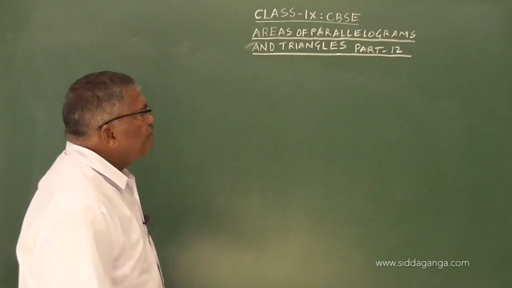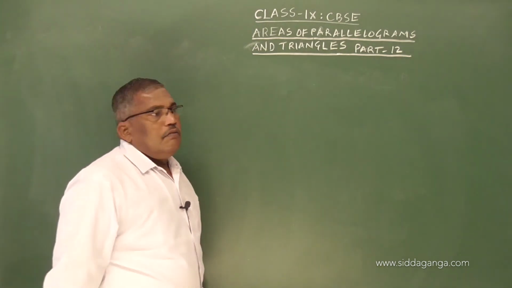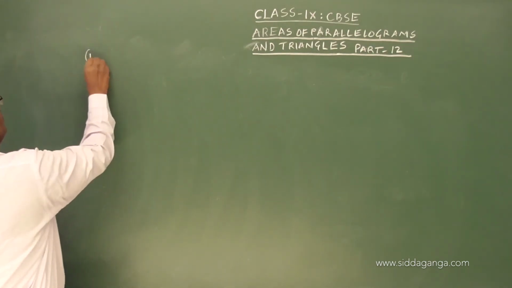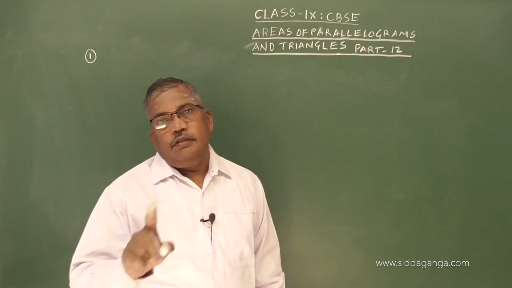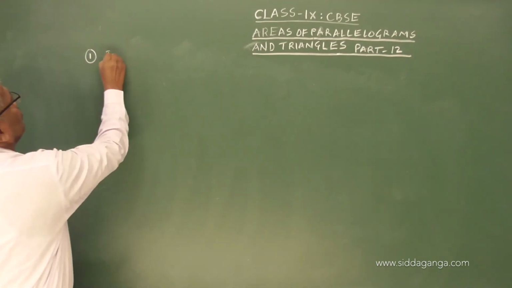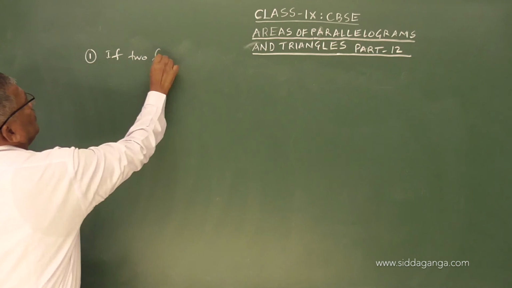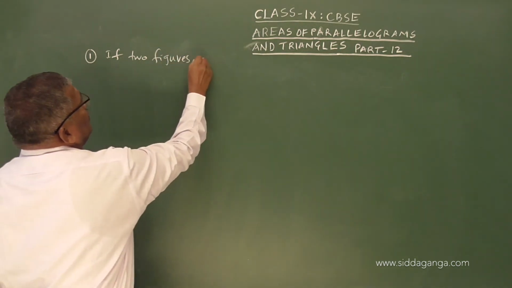See, first one, so you can call it a summary. What we have learnt? First, if two figures are congruent, their areas are equal.